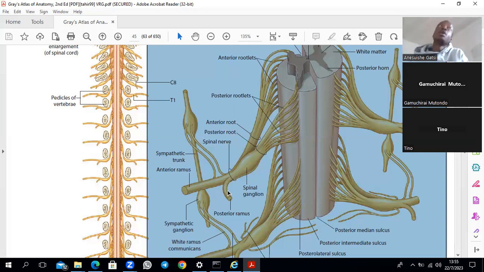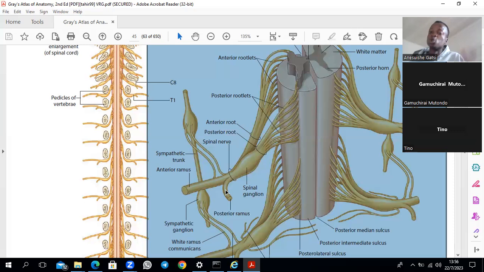Right? Skin of the back, it's posterior ramus as well. Such that when you guys now do upper limb and you talk of a brachial plexus, in as much as people say C5, C6, C7, C8, T1, that plexus, the statement for it to sound correct, it should read, it is formed by anterior rami of C5 to T1. Because posterior rami are not involved.